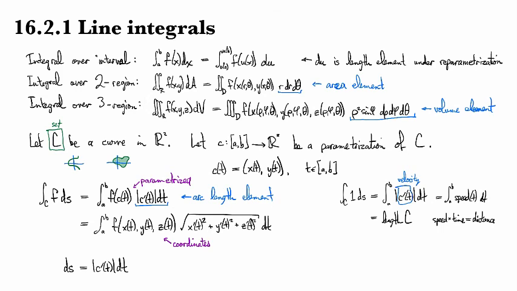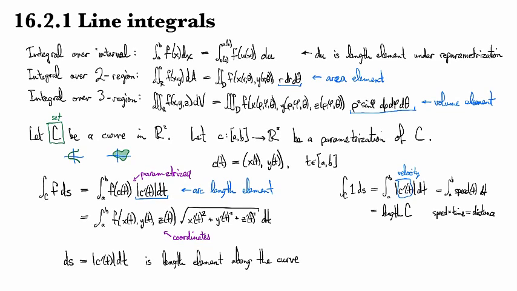This only makes sense if you've chosen a parametrization c. And so this guy is the length element along the curve, or, more commonly called, the arc length element. Or some books might call it the infinitesimal arc length, whatever.